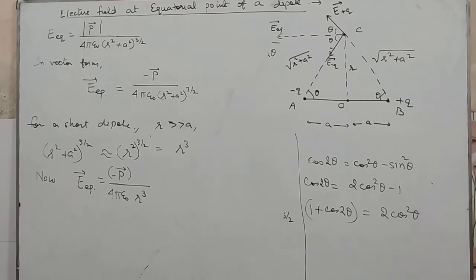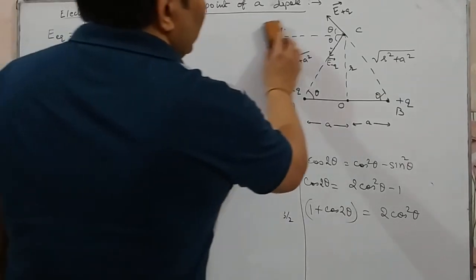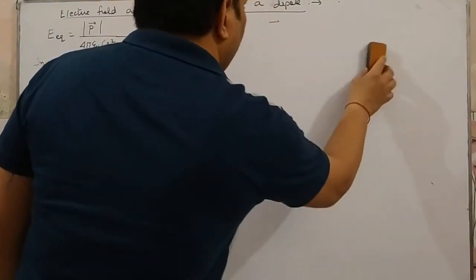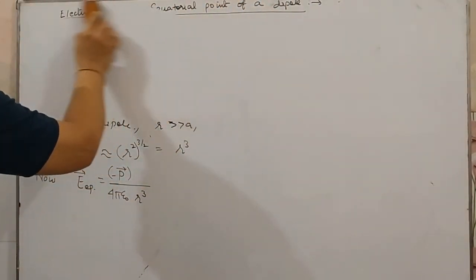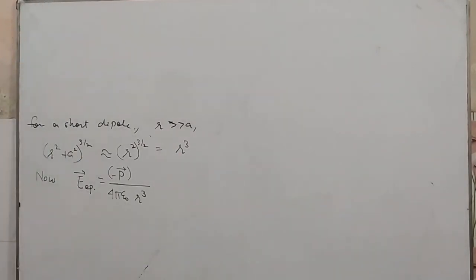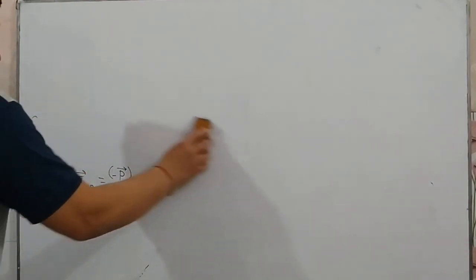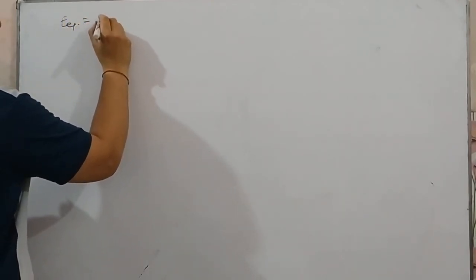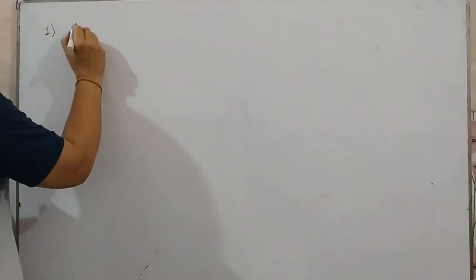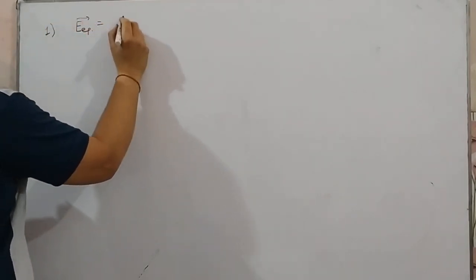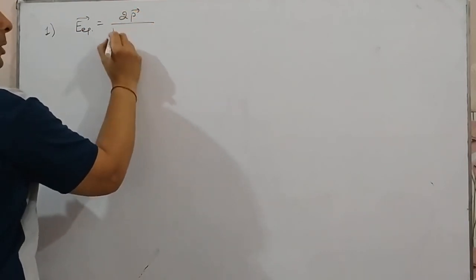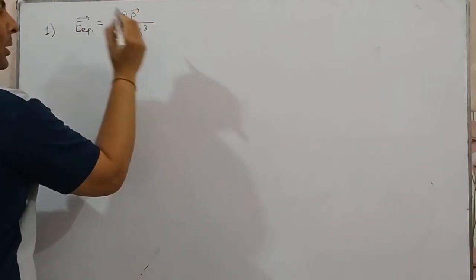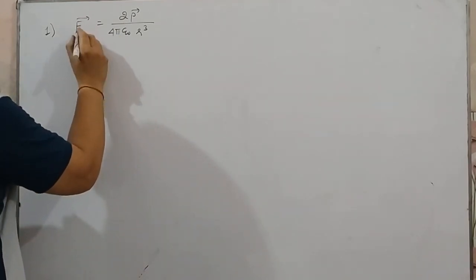And if we compare the results for the axial field and the equatorial field, let's compare the results in both cases. E axial is given as 2P upon 4 pi epsilon naught R cubed.